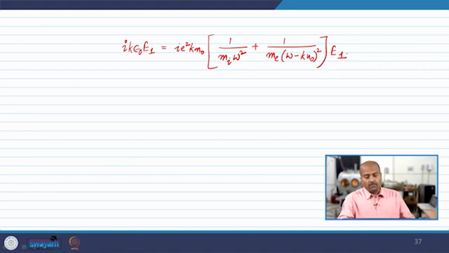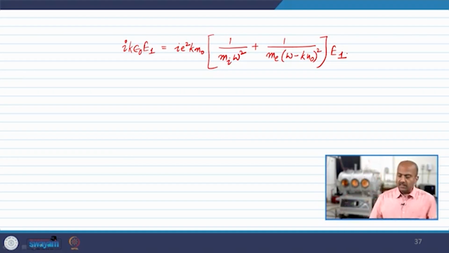Now, for this equation to have a non-trivial solution for E1, it is necessary that the following dispersion relation between omega and k is obeyed or is valid. Okay.